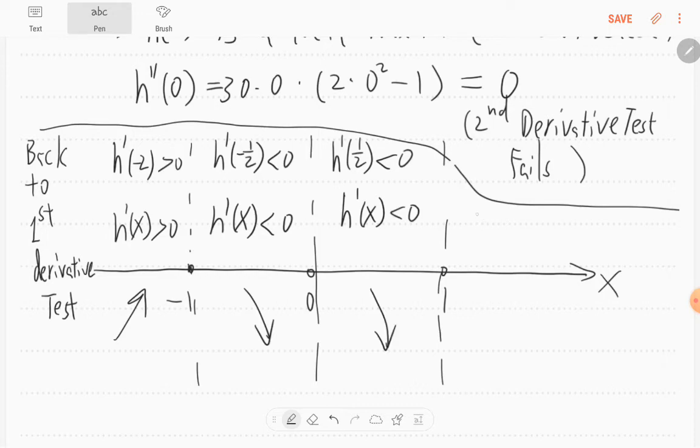Then here is h prime of 2. It would be positive. So h prime here is positive, so it's increasing, right?